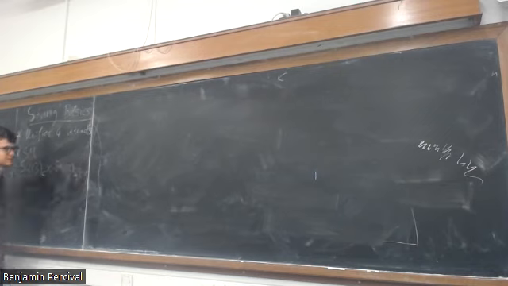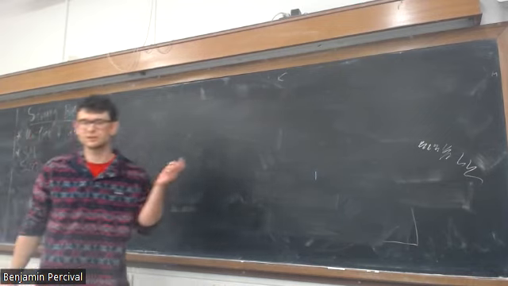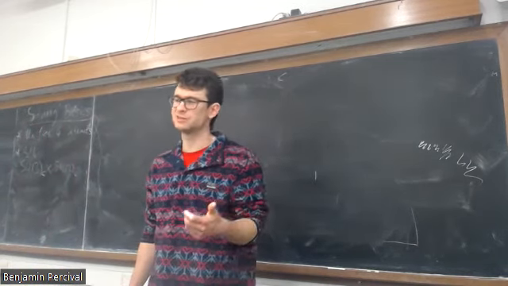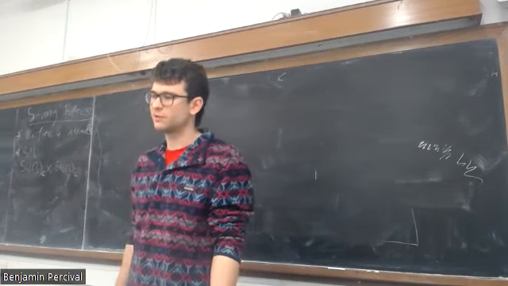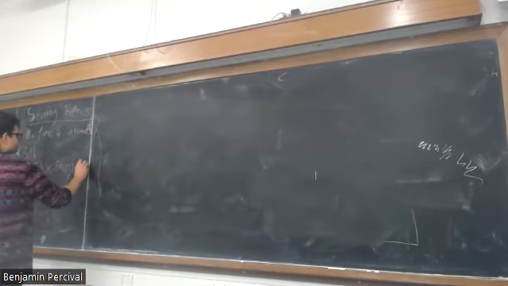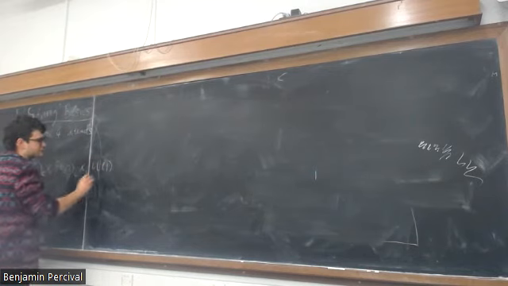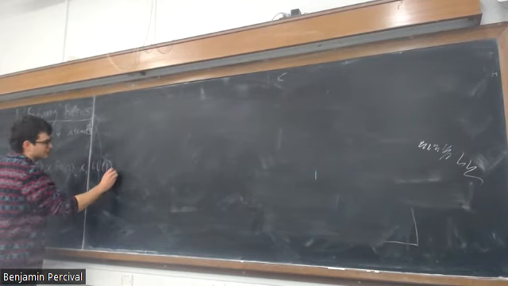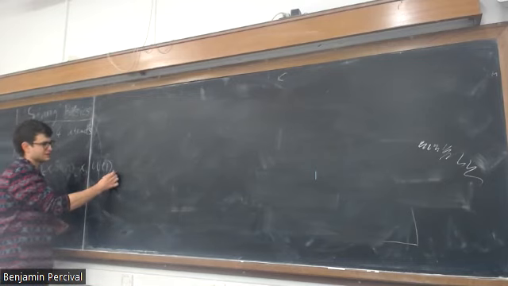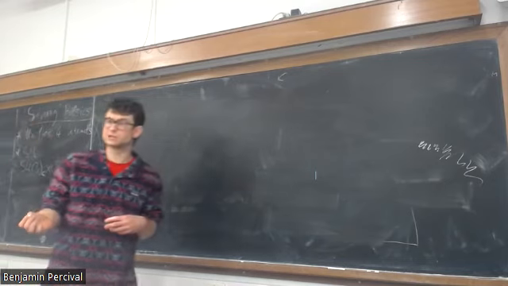SU(2) left relates to the weak interaction that only acts on the left-handed, so it has handedness, a key aspect of the weak interaction. And the U(1), which is associated also to the weak interaction and electromagnetism.